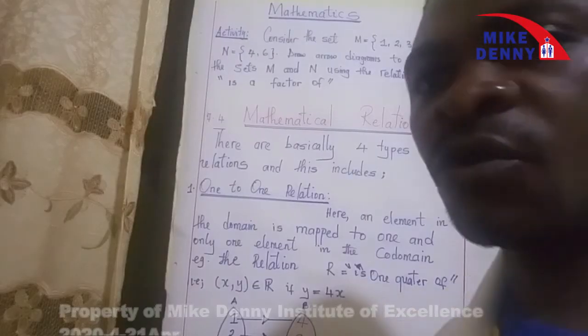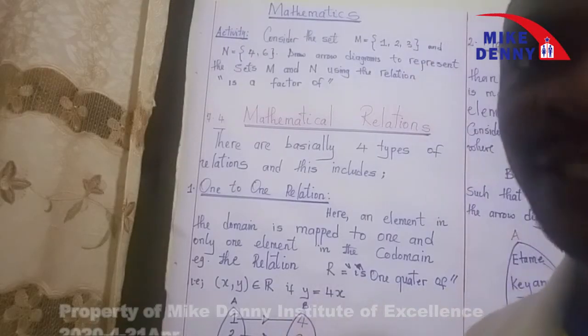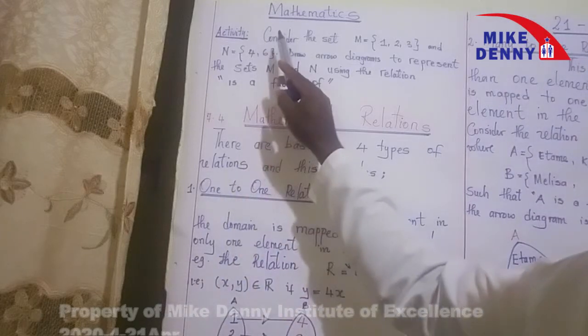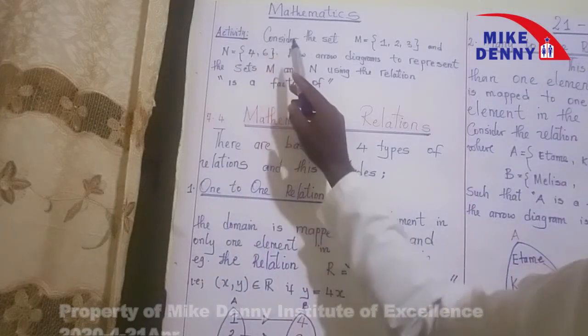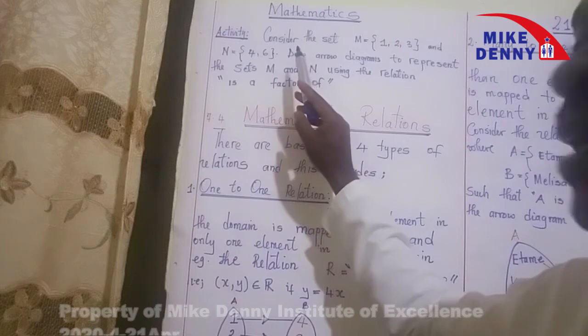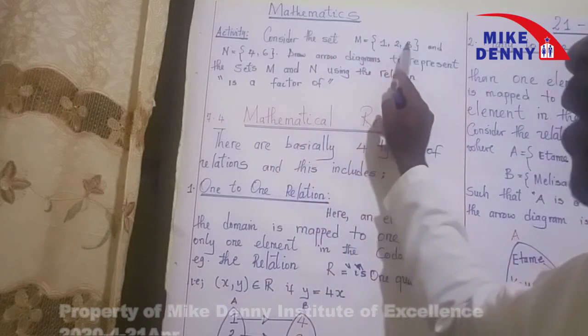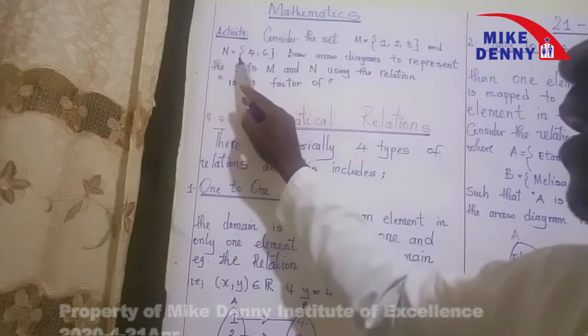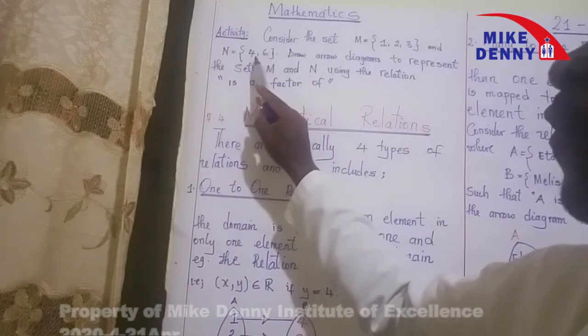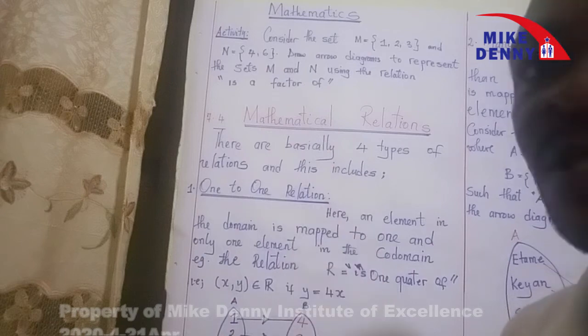All right. Now we wish to look at this activity, and the activity is talking about two sets. I'm going to read it for you to follow what is happening. Consider the set M equals 1, 2, 3, and N equals 4, 6. Those are the two given sets.